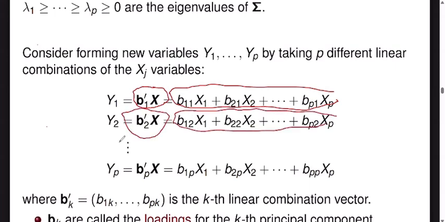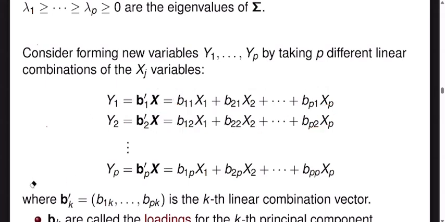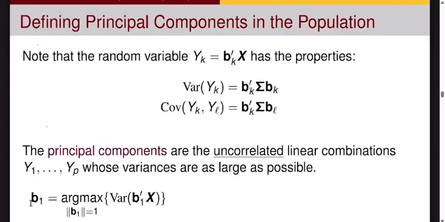Now, if I want to focus on a particular linear combination, which means I want to focus on a particular principal component, it's actually this one. Please pay attention. That's K, the principal component. Maybe PC1, which is K equal to 1. K equal to 2, I have PC2.